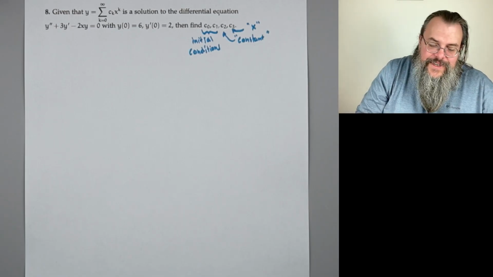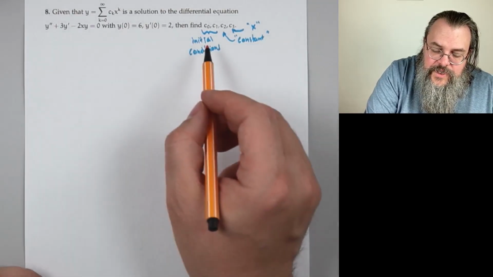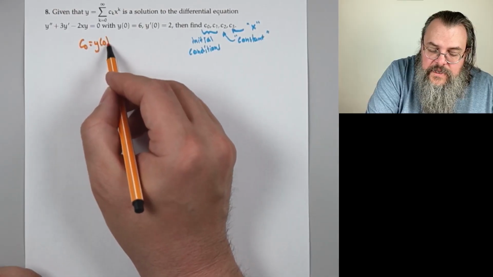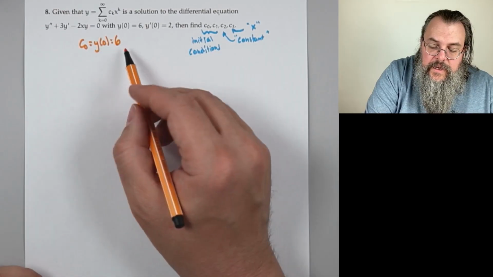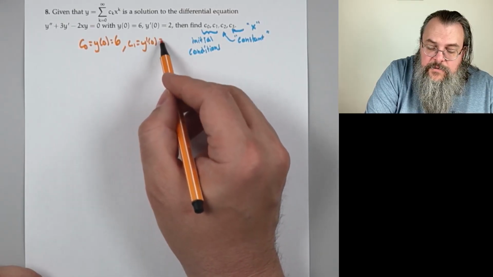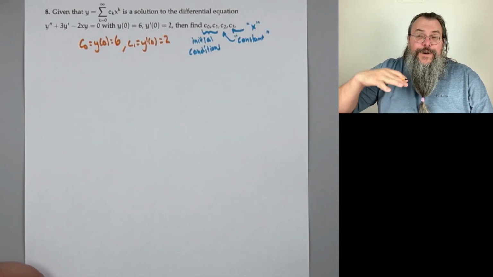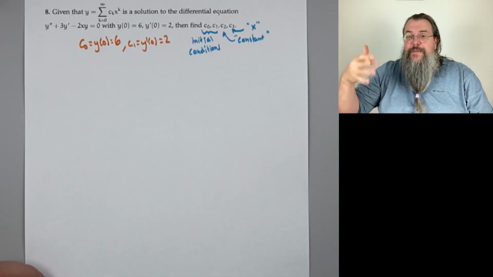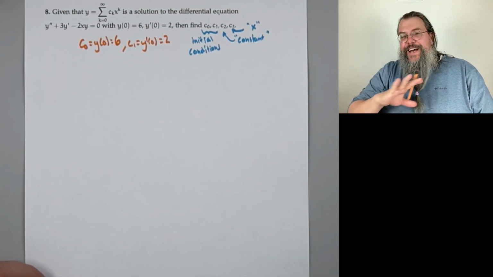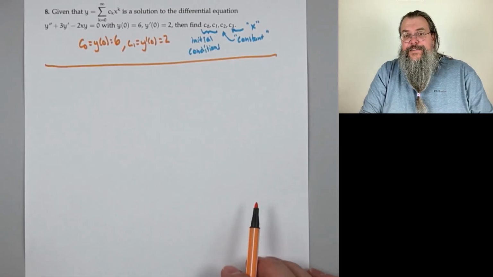Let's use our initial conditions really quick. C0, y of 0 is 6. And C1 is y prime of 0, which is 2. I should say C0 and C1 are special. Once you start hitting C2, you have to add some extra scaling factors, but we normally don't ask you to do third order, and we definitely wouldn't ask you to do it on an exam.